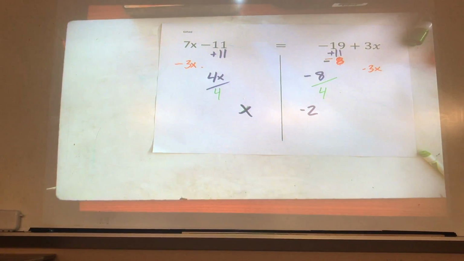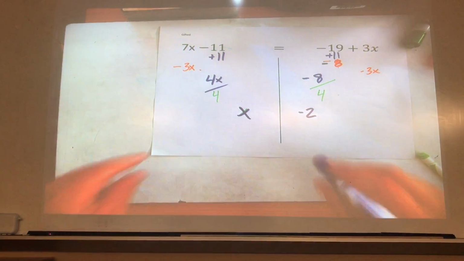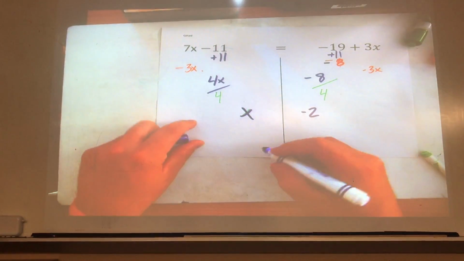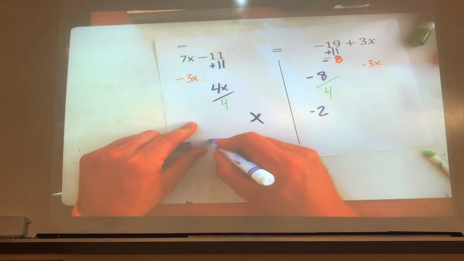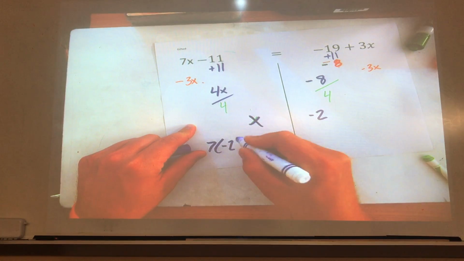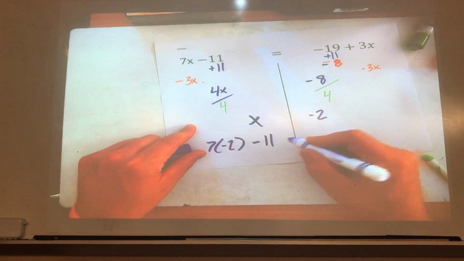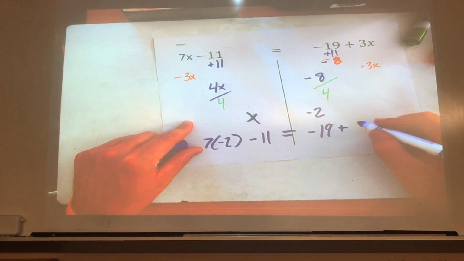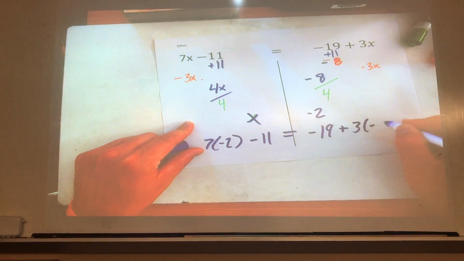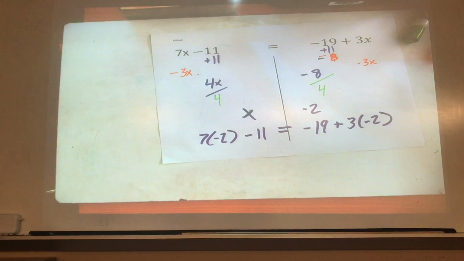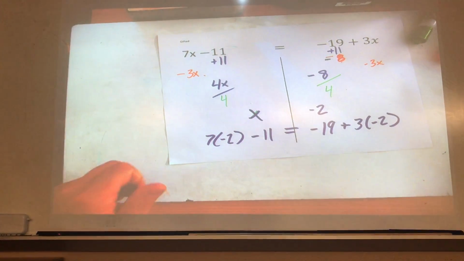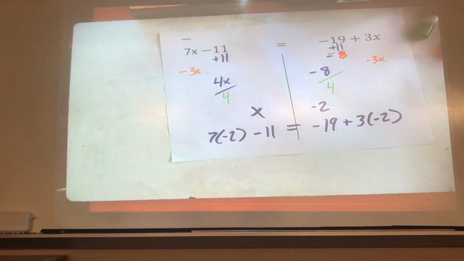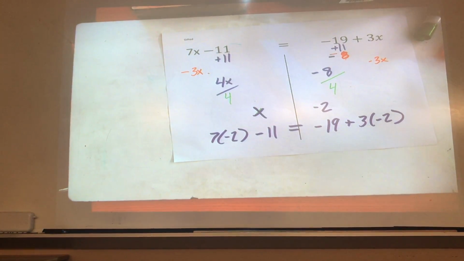Can someone tell me how to check their work once they've gotten to this point? Very good. We're going to plug it in. So you just do 7, so we could just add that up, and that would give us our answer.